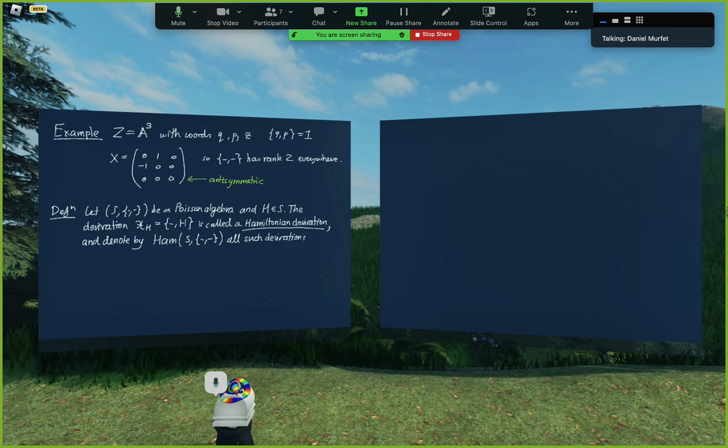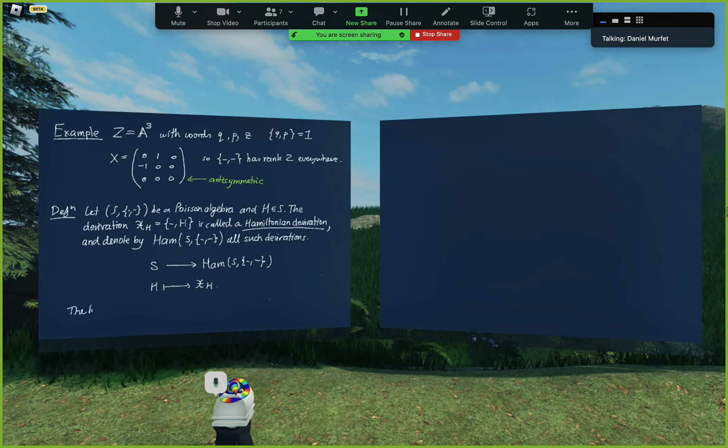Okay, so the vector space, or the K module of all Hamiltonian derivations is called Ham, and we get a map from S to the set of Hams, which is H goes to XH.